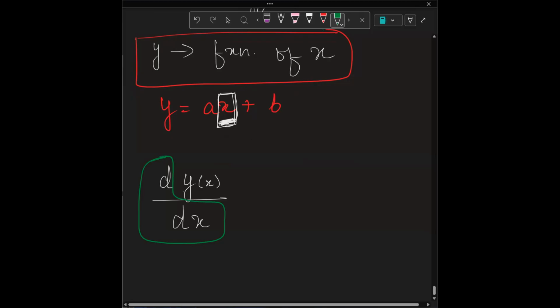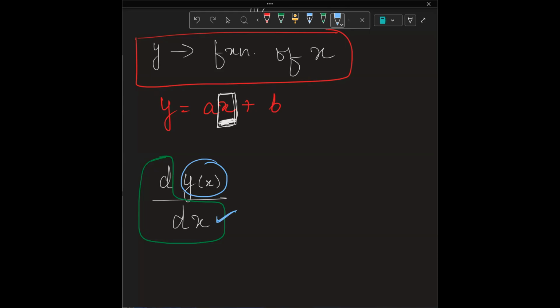That means you are differentiating this y of x function with respect to dx. Okay, this is important.